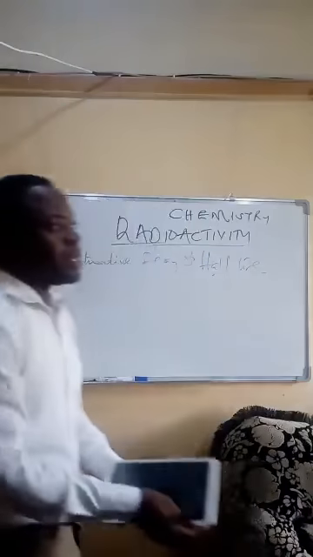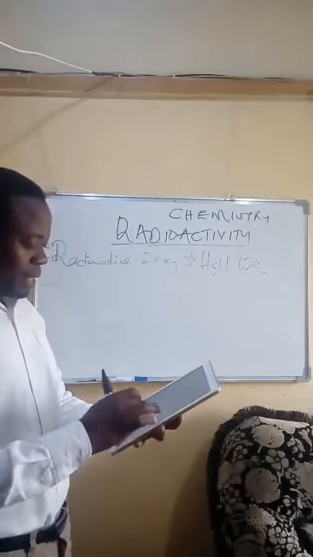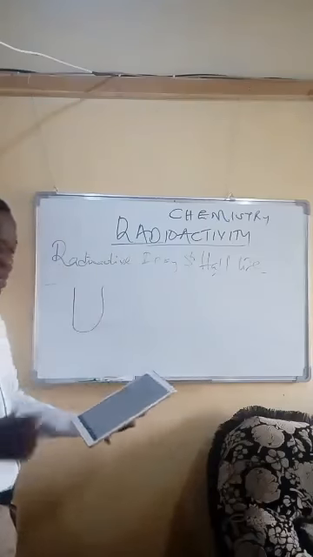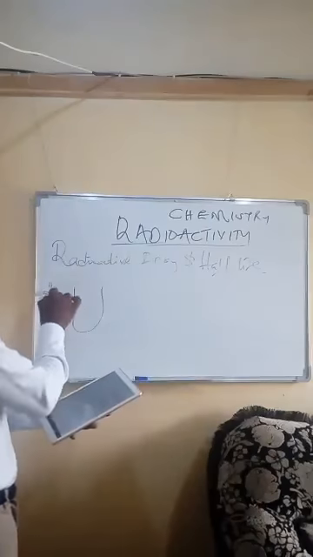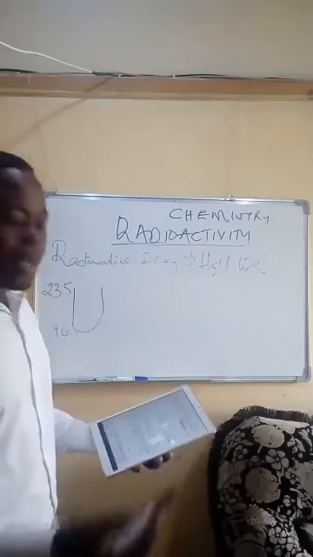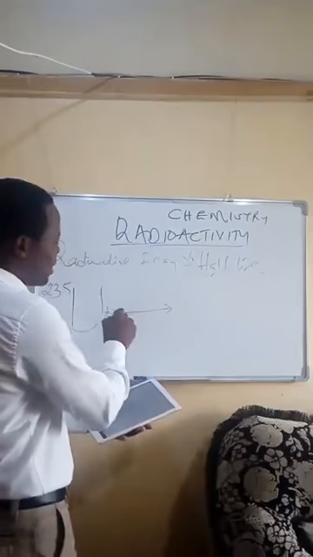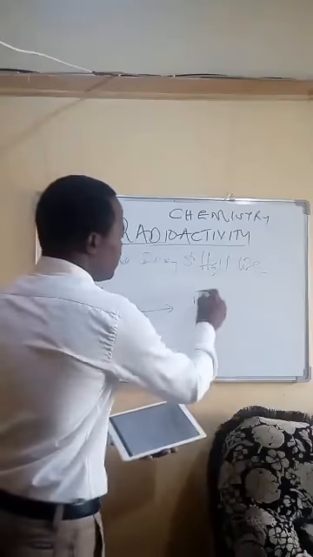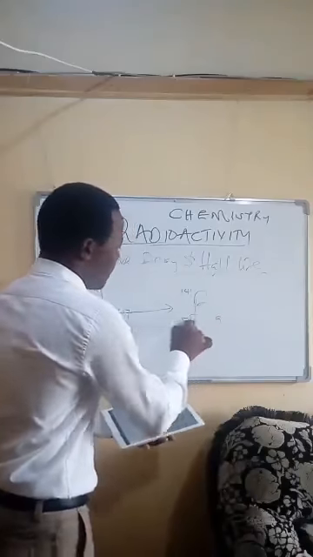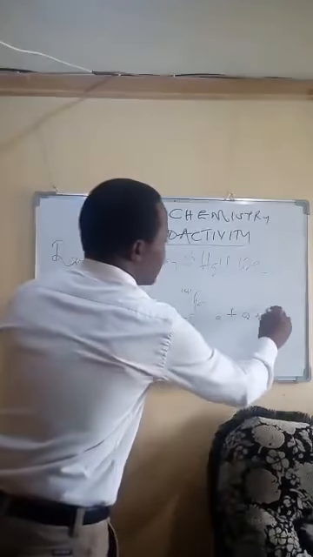An example is, let me just pick an example, the ones that we used last time. Consider this. That is uranium-235, undergoing decay so that it forms a whole different thing: plus X, plus Y, etc., plus, of course, so many other things.